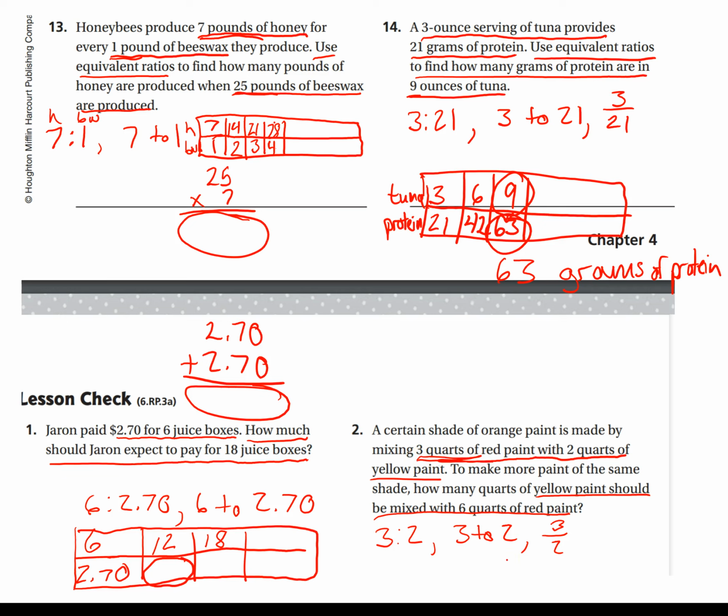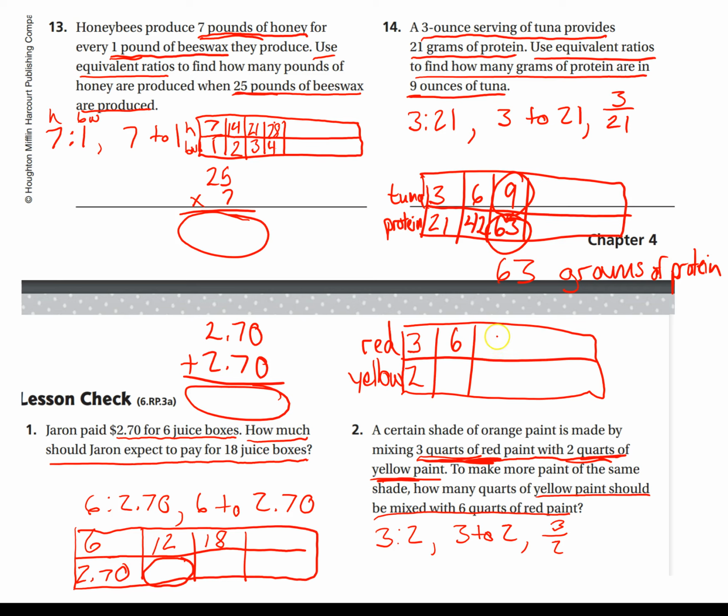Okay, so 3 was my red. I'm going to make my chart above because I'm running out of space below. So I have 3 over 2, and 3 represents my red, 3 quarts of red, and the 2 represents yellow. So I count by 3s along the top, and it wants to know 6 quarts of red.